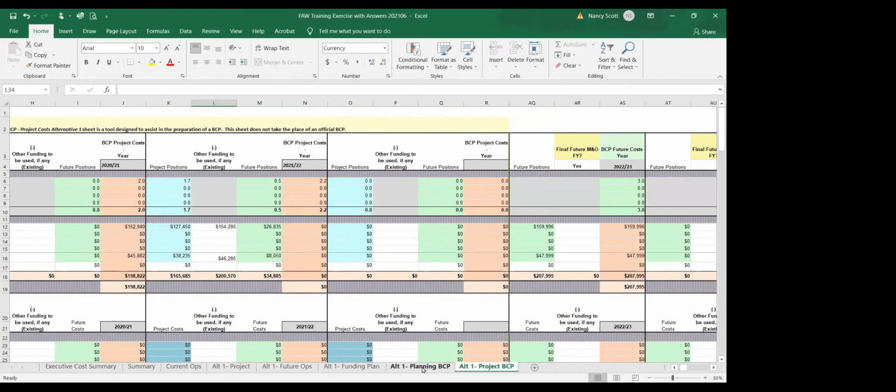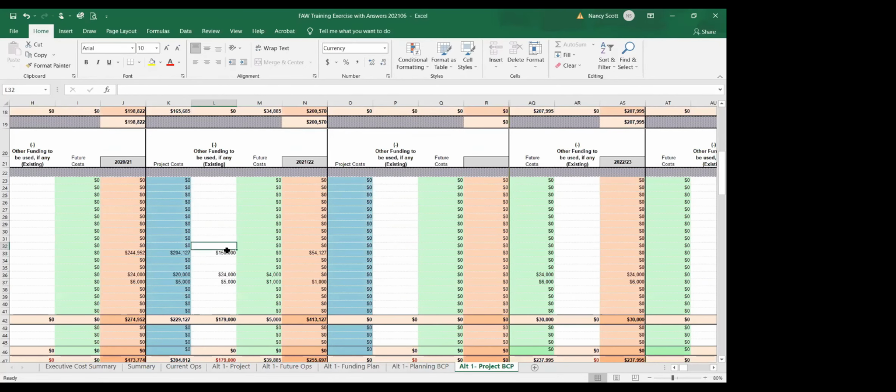I will say that the Alt-1 planning and Alt-1 project BCP tabs are optional. Departments do not need to use them, but it is a tool that is helpful when you are finding which categories, and also when you're reviewing a BCP, this is a good document to look at, because normally, they're probably using BCP money.